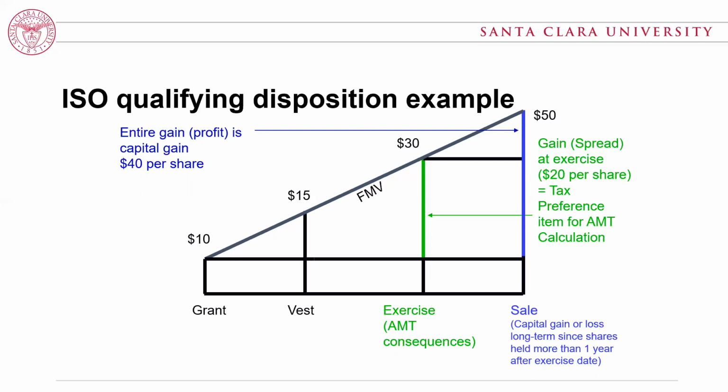In this example, the person sells the shares for $50 after the holding period has expired, and the entire $40 spread is long-term capital gain, because you'll see that this is a qualifying disposition.